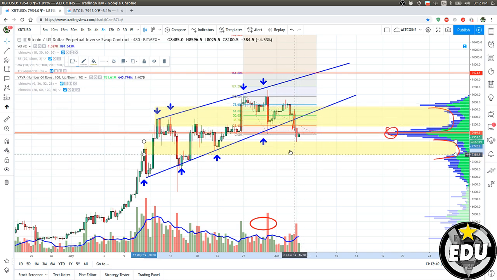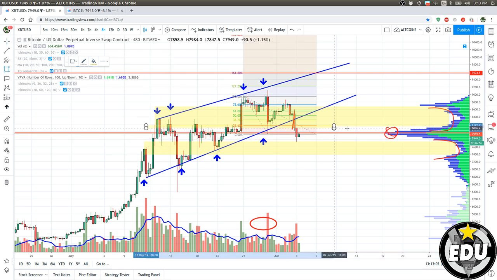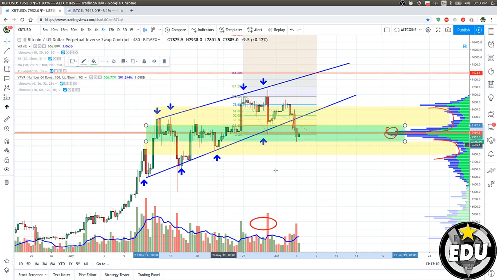But anyways, you can actually use this indicator and the high volume node of this indicator as possible targets and possible support and resistance. For example, if you were here, the price was holding on the high volume node area, which is this one, and I'm going to make it green.